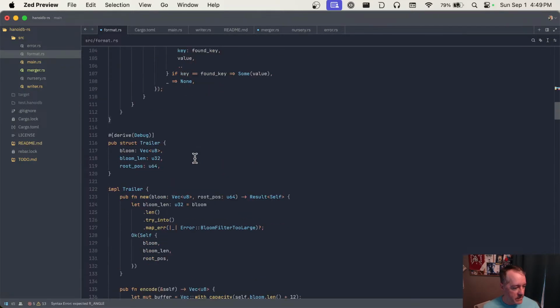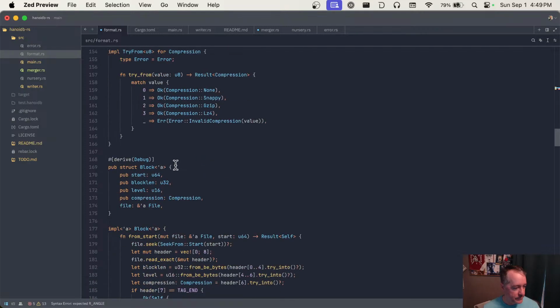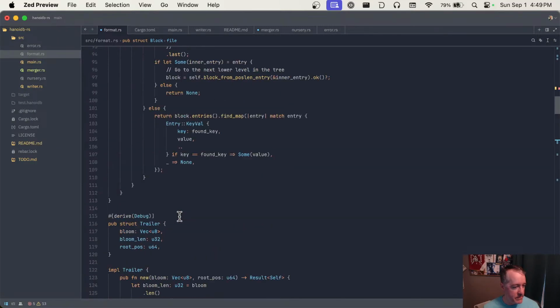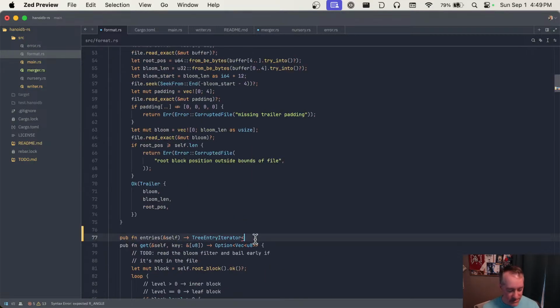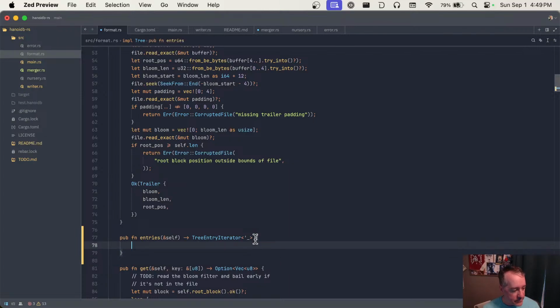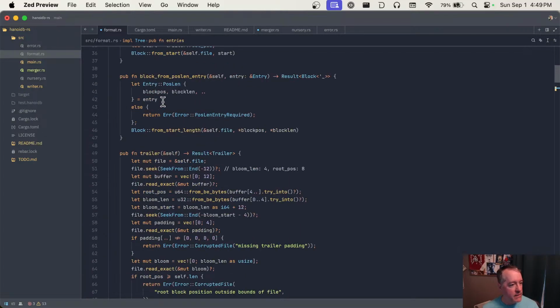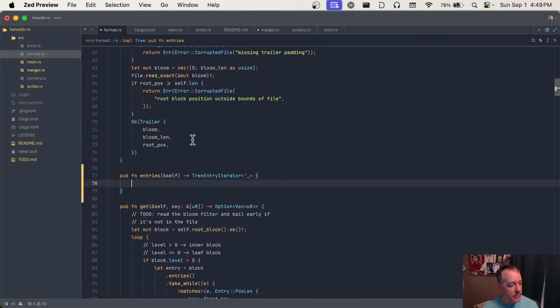What do we do on block? And we'll do something similar to this. Well, it's going to have a lifetime of some sort in it. So let's just do tick underscore. We don't know what it's going to be yet. But what I want to do is be able to traverse the blocks so that we can take entries one by one out of the file, right?